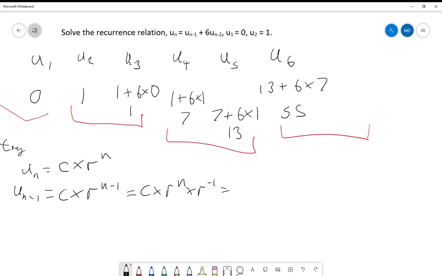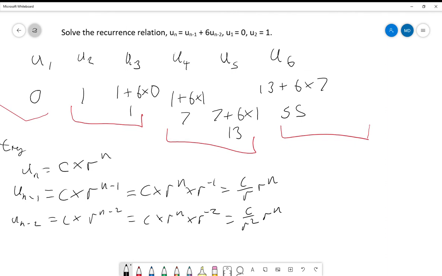And r to the minus 1 is 1 over r, so it's c over r, r to the n. And un minus 2 is going to be equal to c times r to the n minus 2, which is c times r to the n times r to the minus 2, which is equal to c over r squared, r to the n.